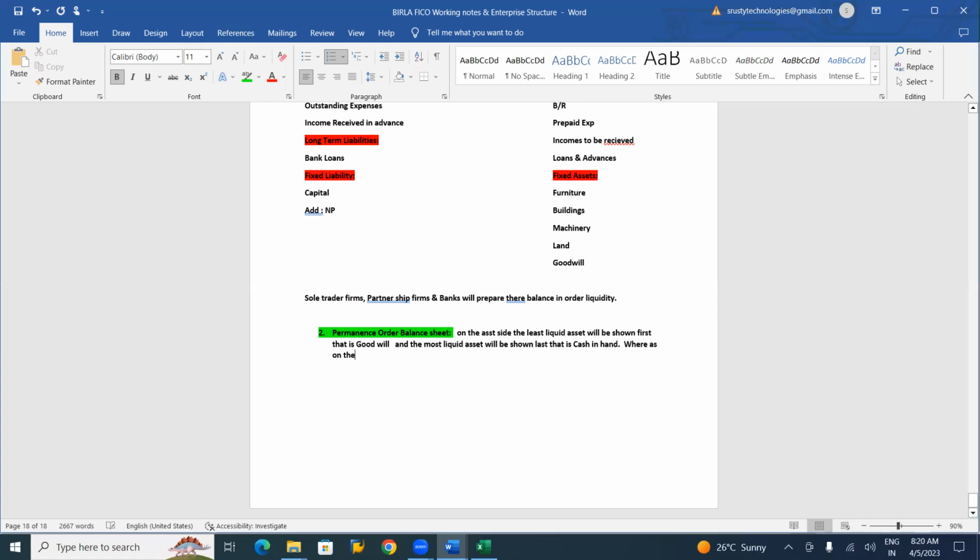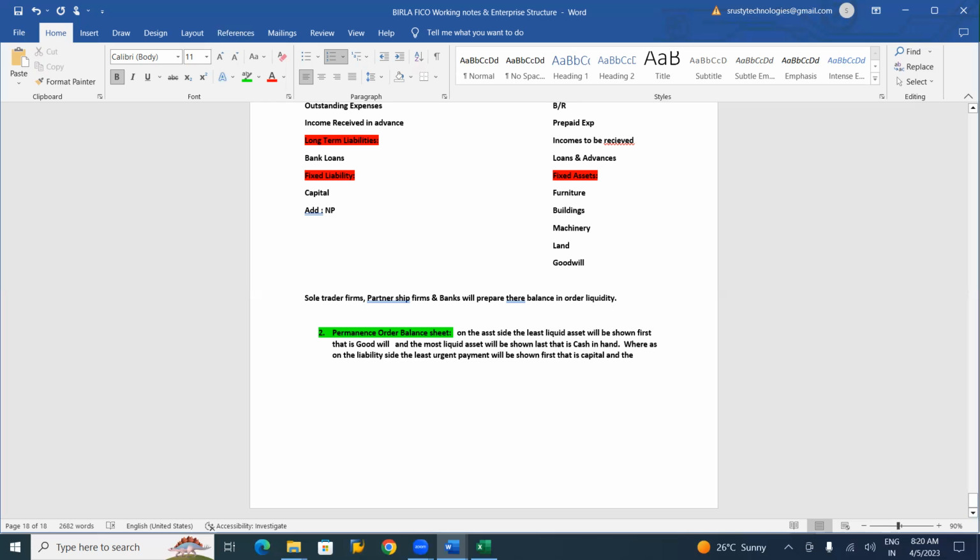Whereas on the liability side, the least urgent payment will be shown first. That is capital.